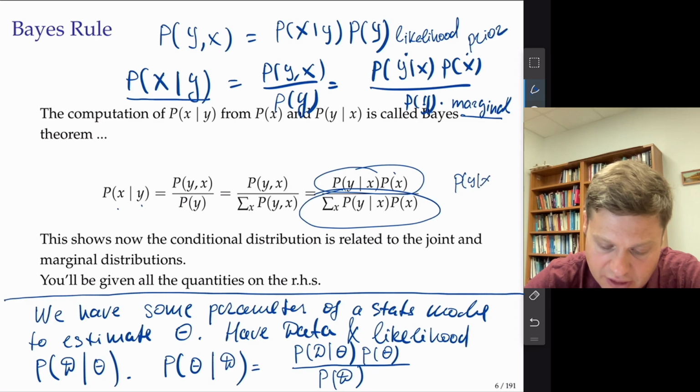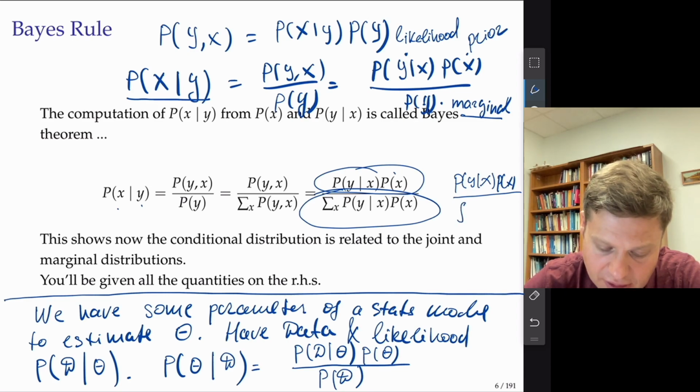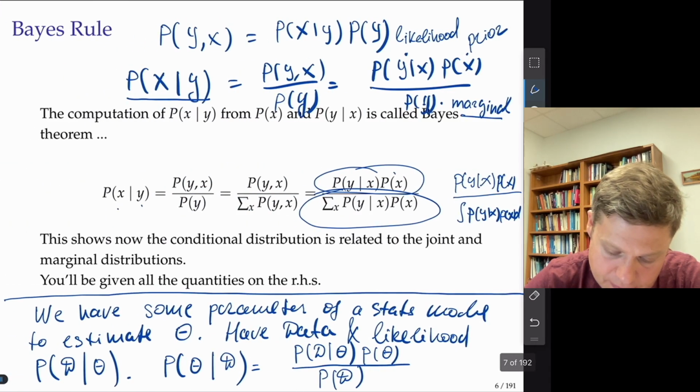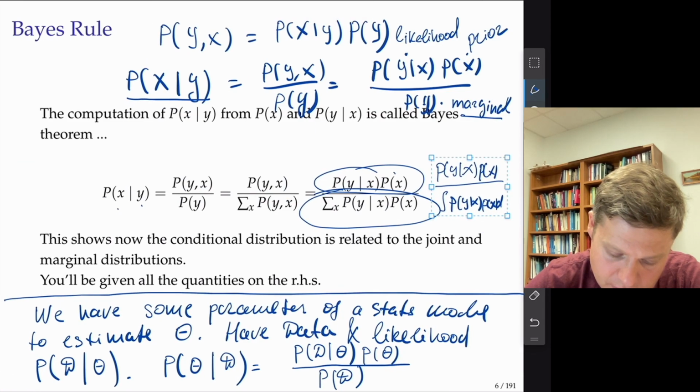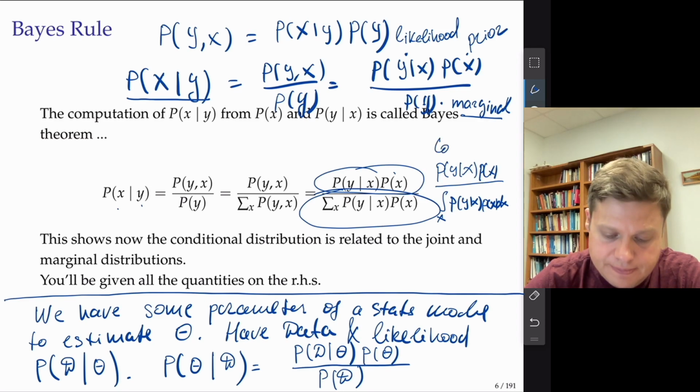P of y given x, p of x. But instead of the sum here, you're going to have an integral, p of y given x times p of x, and you integrate with respect to x. Okay, so this is the case of the continuous variable.